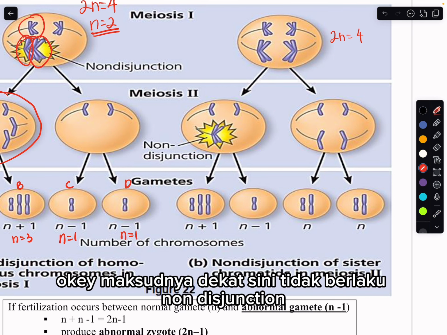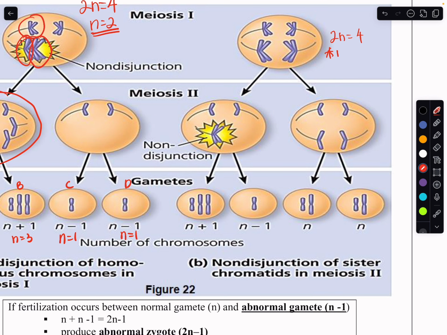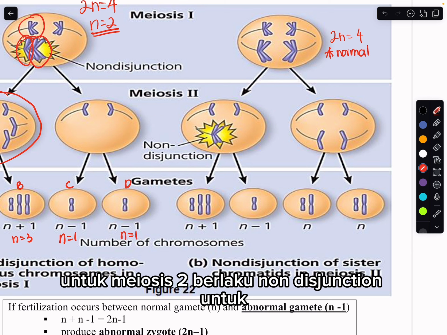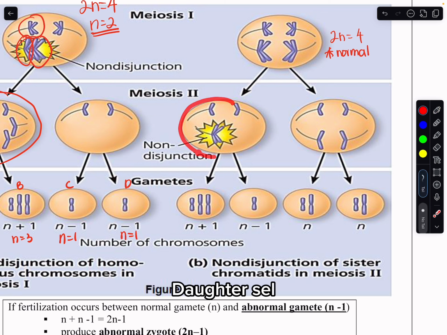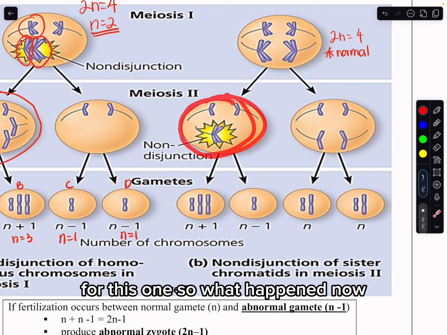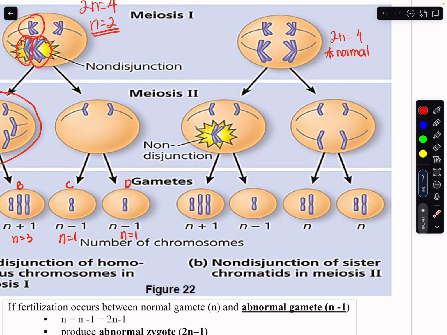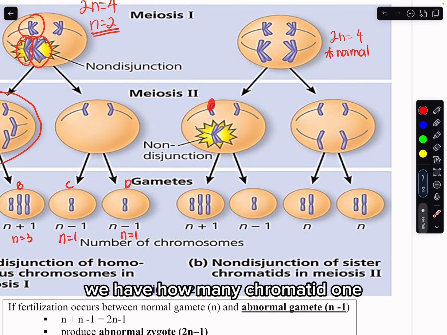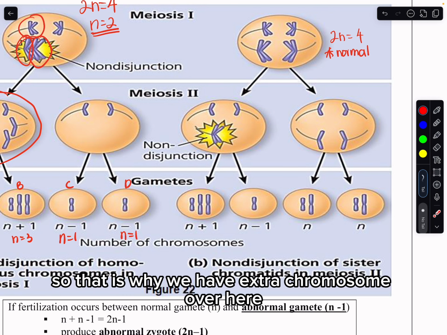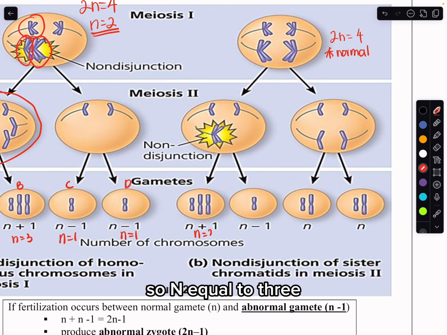Okay, maksudnya dekat sini tidak berlaku nondisjunction. Normal masih. Namun begitu, untuk meiosis 2, berlaku nondisjunction untuk daughter cell for this one. So, what happened? Now, we have how many chromatid? 1, 2, and 3. So that is why we have extra chromosome over here. So n equal to 3.